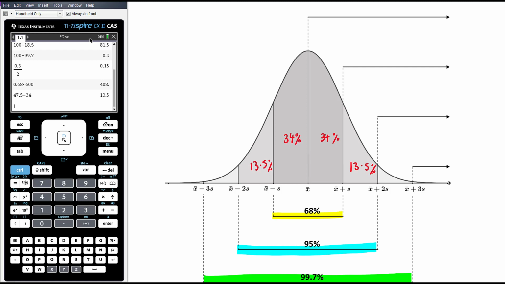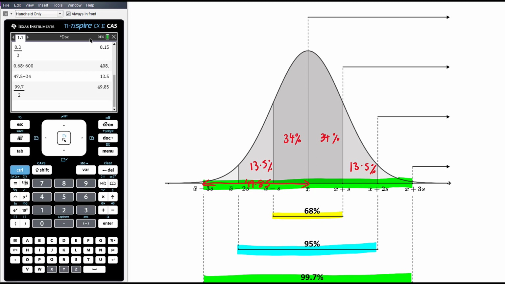We have 99.7% the whole way from there to there. So that means here to here will be half of 99.7. 99.7 divided by 2 is 49.85%.